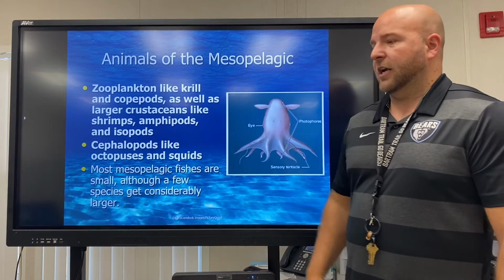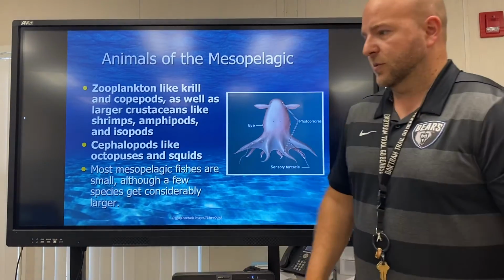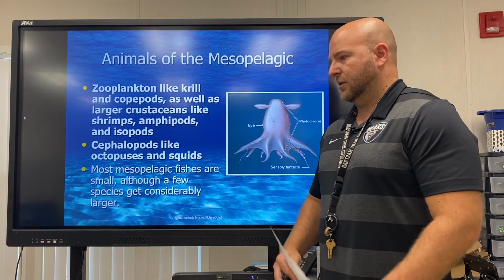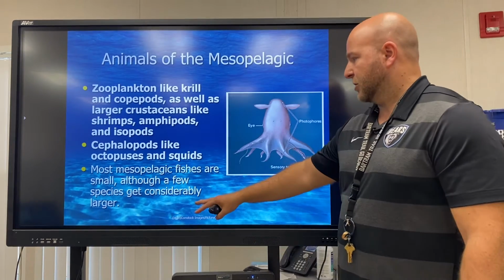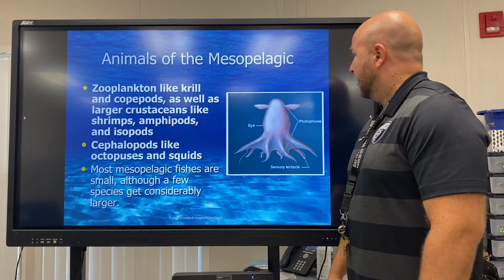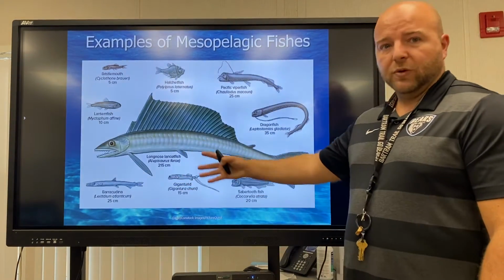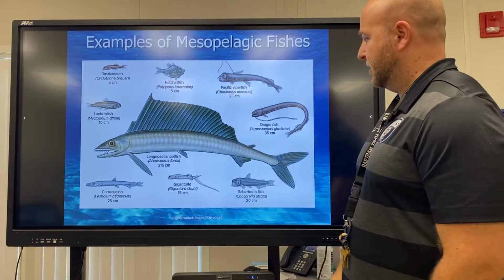Within this zone, you're going to have zooplankton, things like krill. You may also have some crustaceans like shrimp and maybe some isopods. Most mesopelagic fish are small, but a few of them do get a little bit larger. A couple of examples here. If you want to take a minute and study this, you won't be expected to identify any of these.